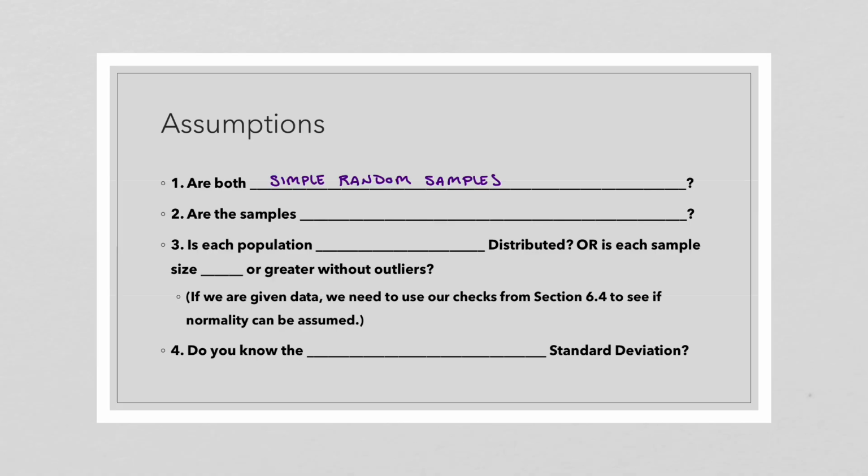Now we are going to ask if our samples are independent of each other. In other words, is my selecting someone for group 1 going to immediately force my hand on who I have to select for group 2? So for our third option, is each population normally distributed?